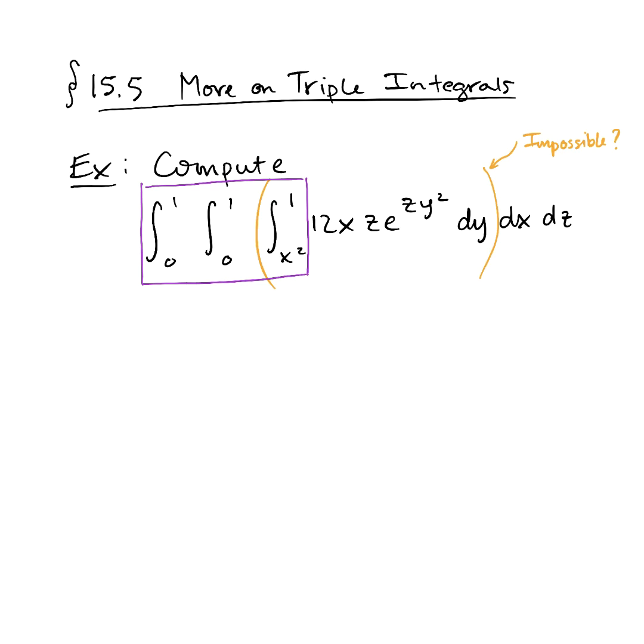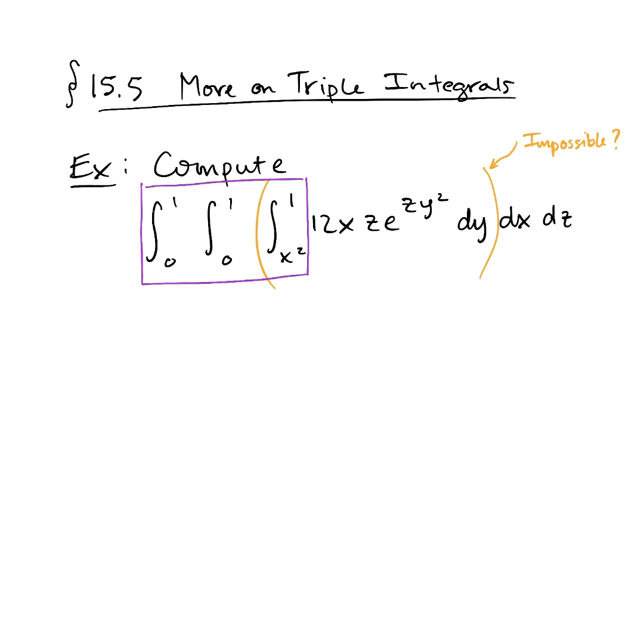Okay, so what we want to do is try to draw the region over which we're doing this triple integral. Okay, so here's my thinking. Let's do it messy at first, and then we'll try to produce a really pretty picture, and then from that pretty picture, we'll try to actually change the order of integration and do the problem.